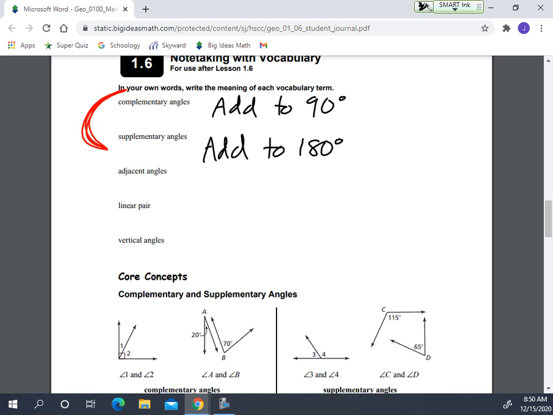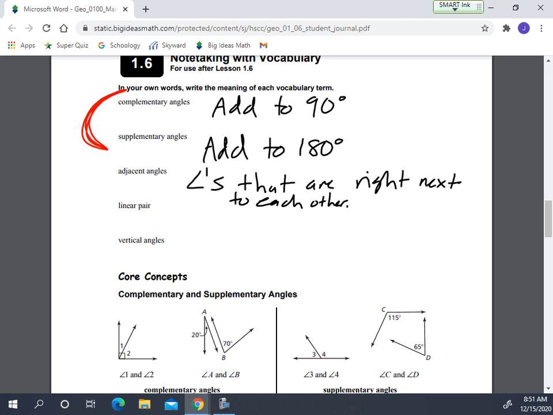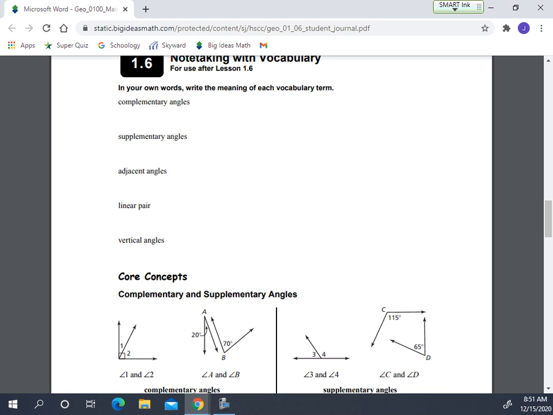Adjacent angles are angles that are right next to each other. A linear pair. Here, I'm going to erase these so we get a little cleaner. A linear pair. What's in the word linear? The word line.